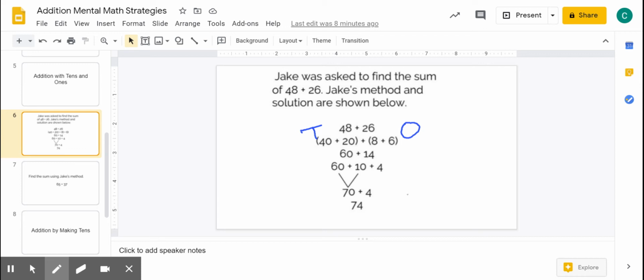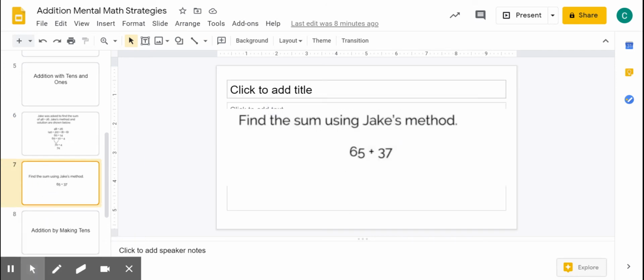And we know that from the number 14, there is a friendly number of 10. The student will add 60 plus 10, which gives us a sum of 70, plus the 4 leftover ones, which gives us a sum of 74. Let's try out Jake's method of addition with tens and ones in our next example.